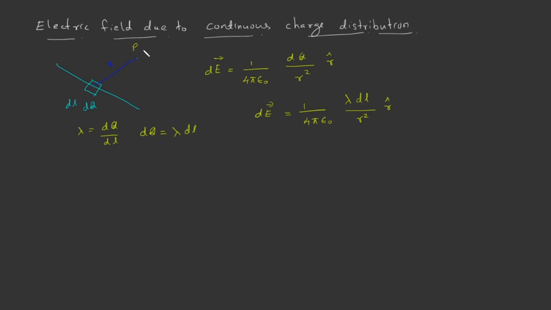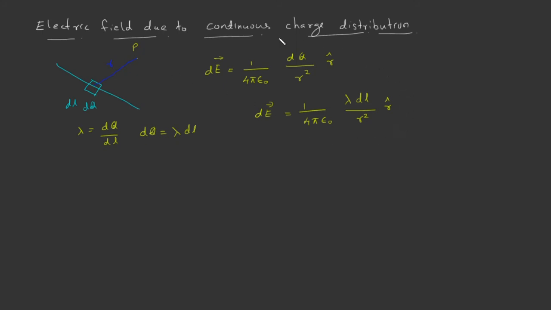So what will be the net electric field at the point P? For that we need to find the electric field at the point P due to all elements and then sum it up. Or in integration we can say it is calculated by integrating the components of E under proper limits.